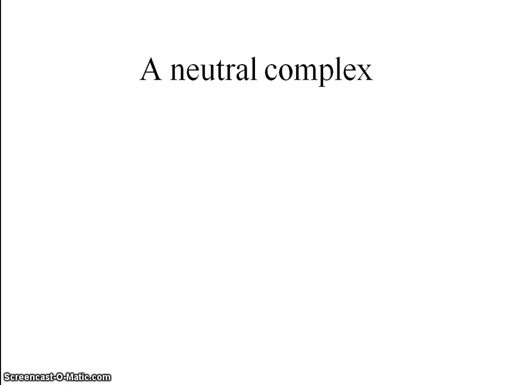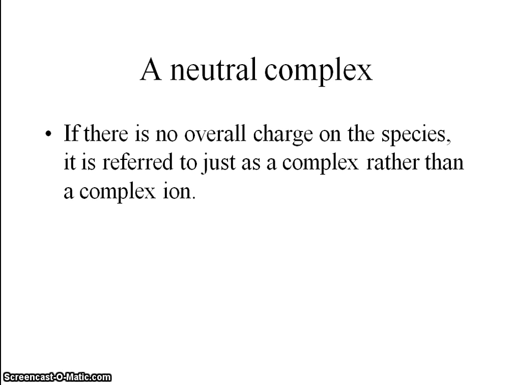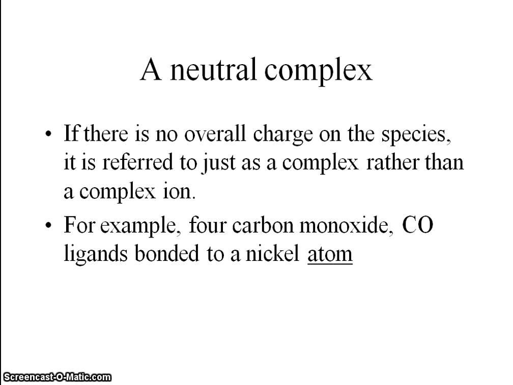It is possible to get a neutral complex. If it's neutral, we just call it a complex. If it has a charge, we call it a complex ion. Let's take a look at one that doesn't have a charge.